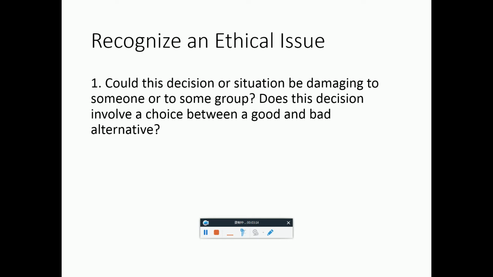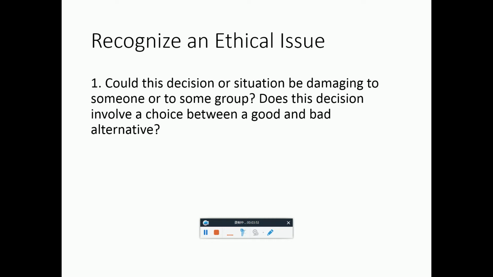To recognize an ethical issue, essentially ask yourself this question: could this decision or situation be damaging to someone or to some group? Does this decision, whatever action we're trying to do, for example, in conducting social scientific research, if we would like to induce a manipulation or ask some questions, we should be asking ourselves: would the inclusion of this question involve the choice between a good and a bad alternative, right?